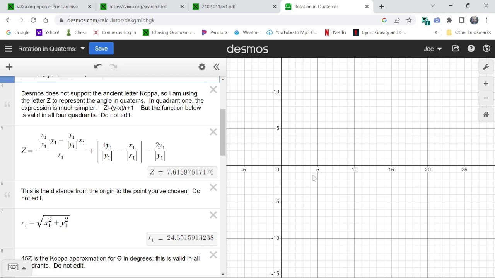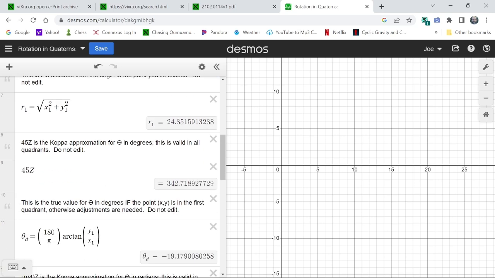Since 8 quaterns is all around the unit circle, 7.6 quaterns would put it in quadrant 4. So this is the angle measure in quaterns.